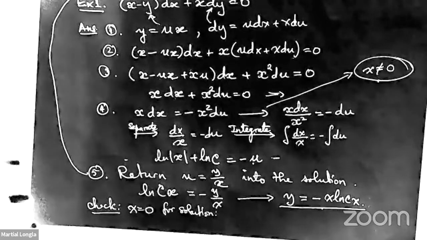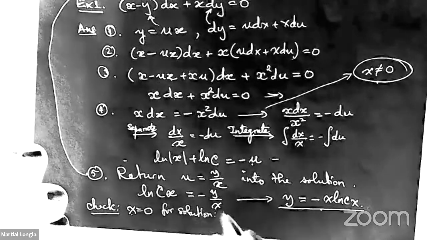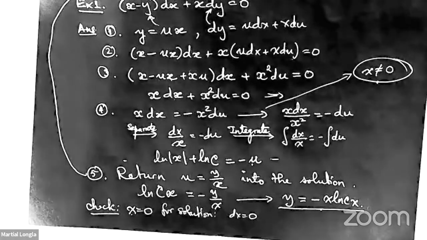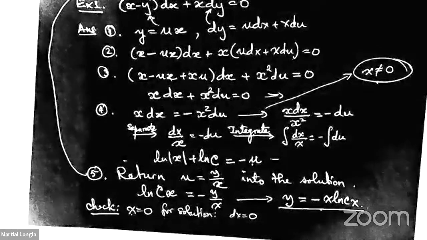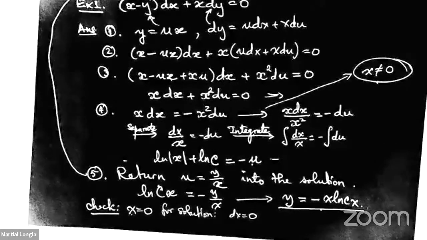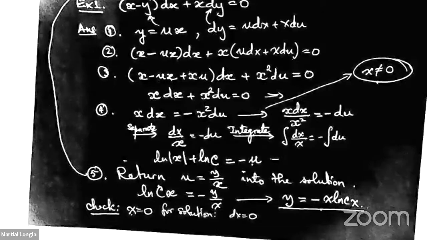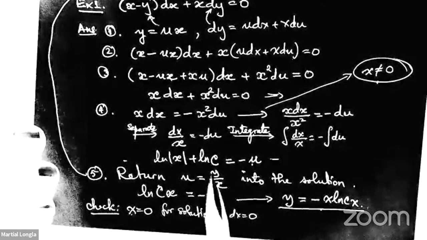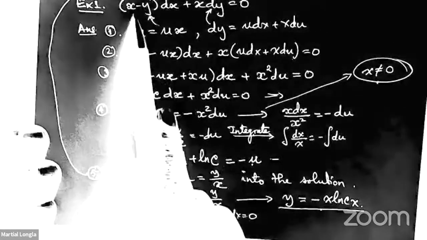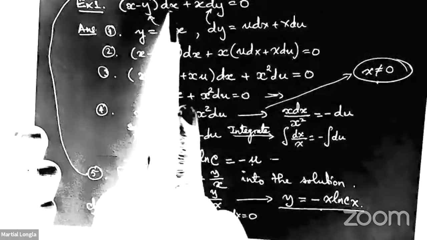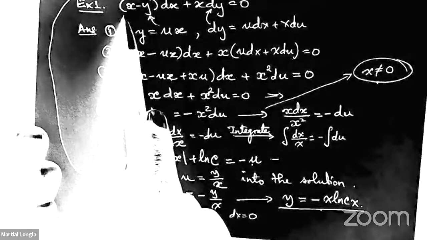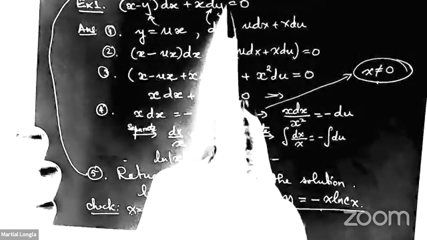How do you check that? Well, you say x is 0, dx is also 0, and this is x equals 0 as a function. The function x equals 0, right? For all y's. That's a function, not just a point. So the derivative is 0 if the value of the function is always 0. And if we bring that back into the equation, x is 0, dx is 0, this thing is 0, right? x is 0, the whole thing is 0.